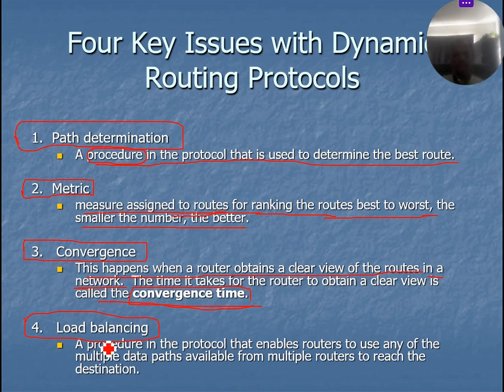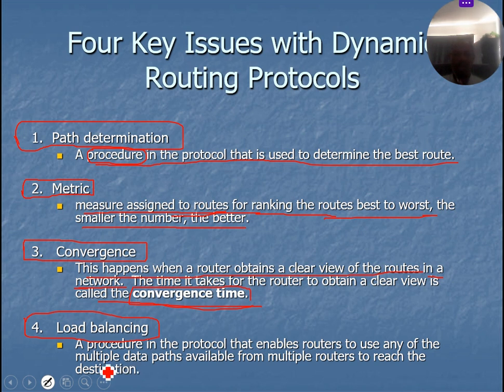Load balancing is a procedure in the protocol that enables a router to use any of multiple data paths. The capability a router has to use any of the multiple data paths available from multiple routers to reach the destination is called load balancing.